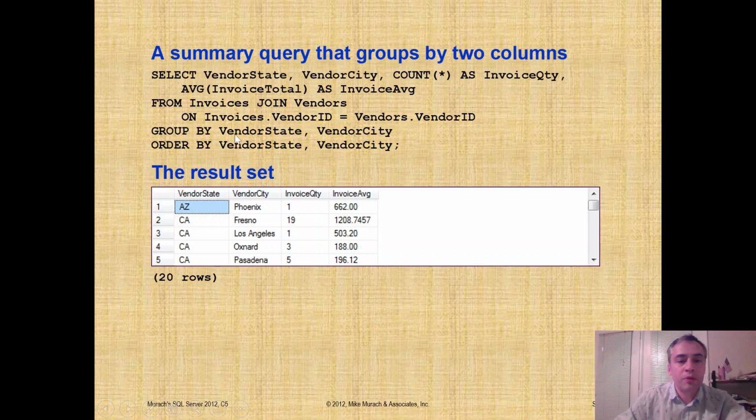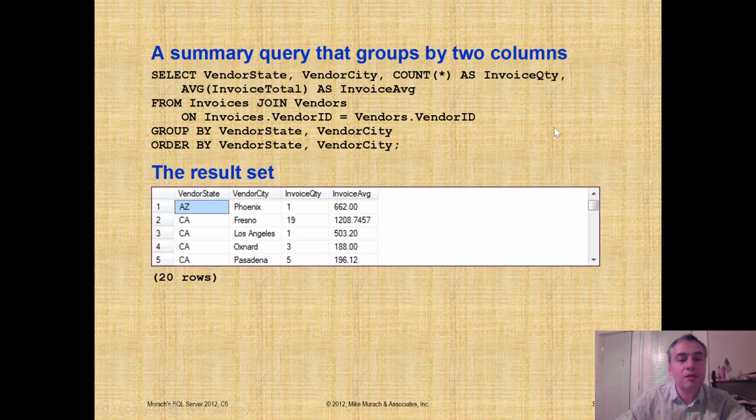So notice group by vendor state and vendor ID. Other than calculated columns over here for aggregation, count, and average, the columns selected are exactly the same that we use to do a group by.